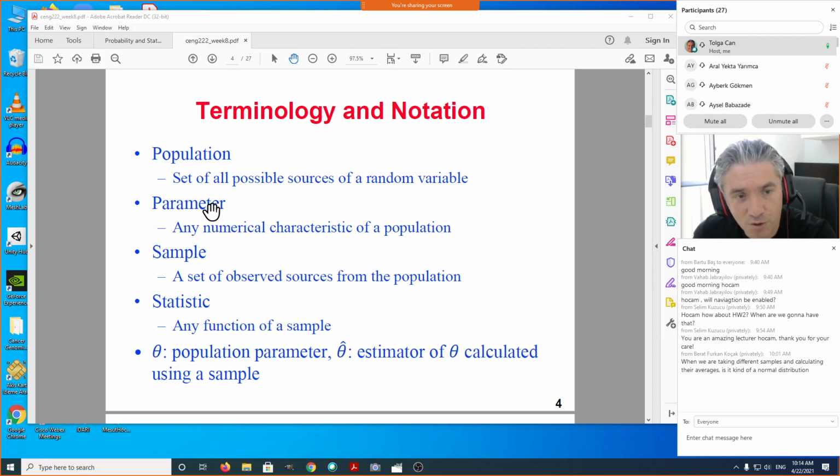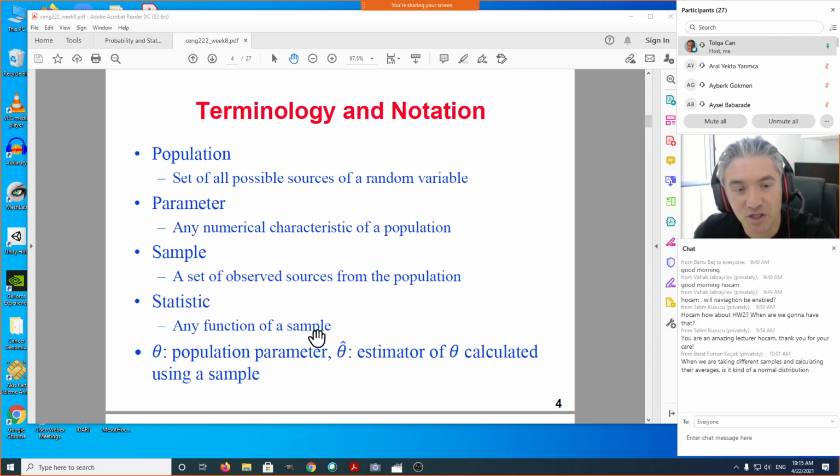A parameter is any numerical characteristic of a population. For example, population mean, population variance, and standard deviation are population parameters. Those are the most basic, but any numerical value about a population, the random variable, we call a parameter. A sample is a subset of those random variables from the population, a set of observed sources from the population. And a statistic is the computed counterpart of a population parameter.